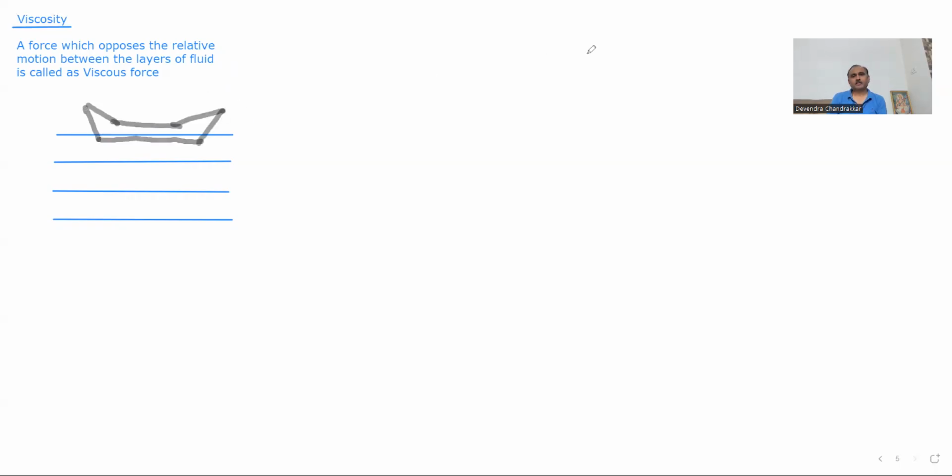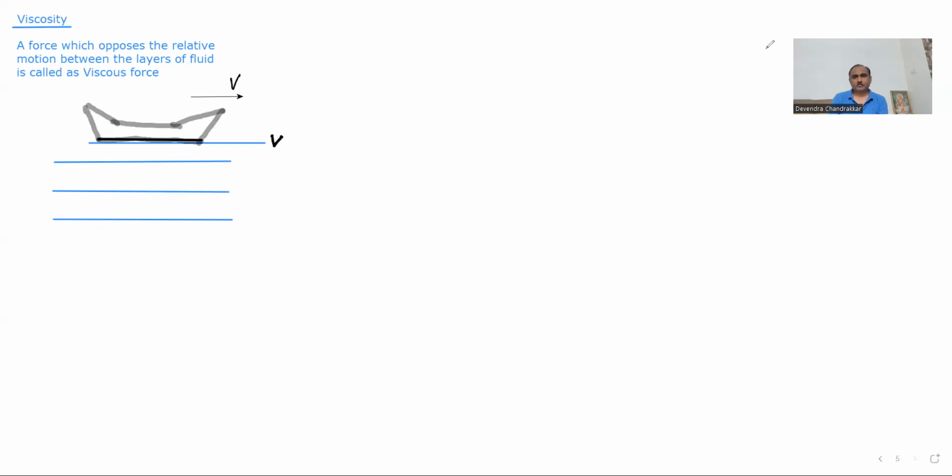Okay, this boat starts moving with some velocity, say v, right? Then it will take the topmost layer along with it. So the topmost layer will have a velocity v. Okay.